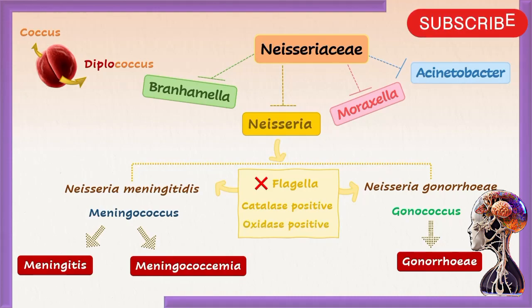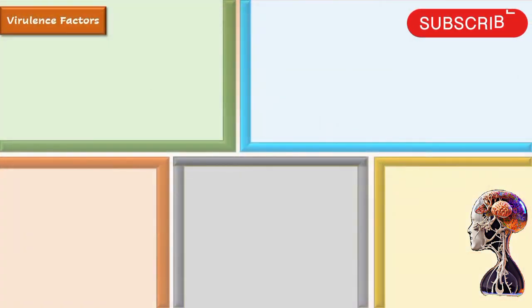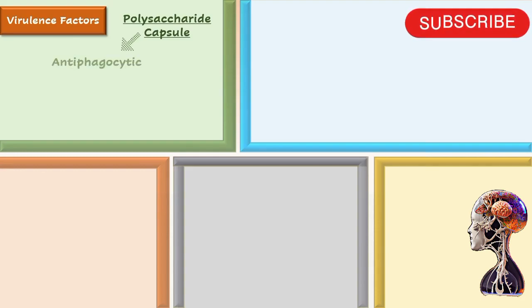So, talking about the meningococcus or Neisseria meningitidis first, I would like to mention the structures that help these bacteria to colonize and affect the host. These virulence factors of meningococcus include a polysaccharide capsule surrounding the bacterium, which is antiphagocytic if there are no specific antibodies to coat or opsonize the bacterium.